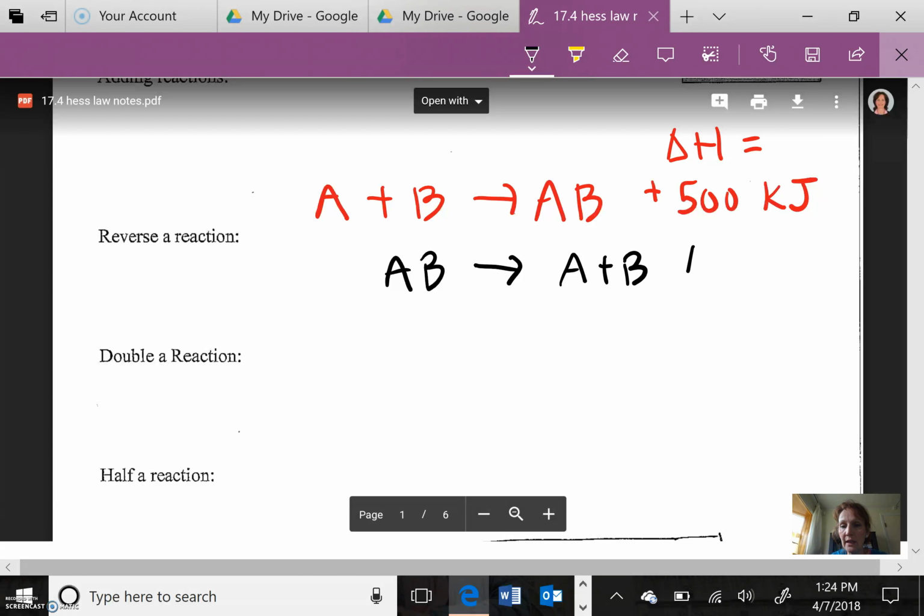Now, if I'm running it in reverse, then I actually need to reverse the enthalpy of reaction by changing it from an endothermic reaction to an exothermic reaction. I'm going to call this equation 1, and I'm going to call this the reverse of equation 1.